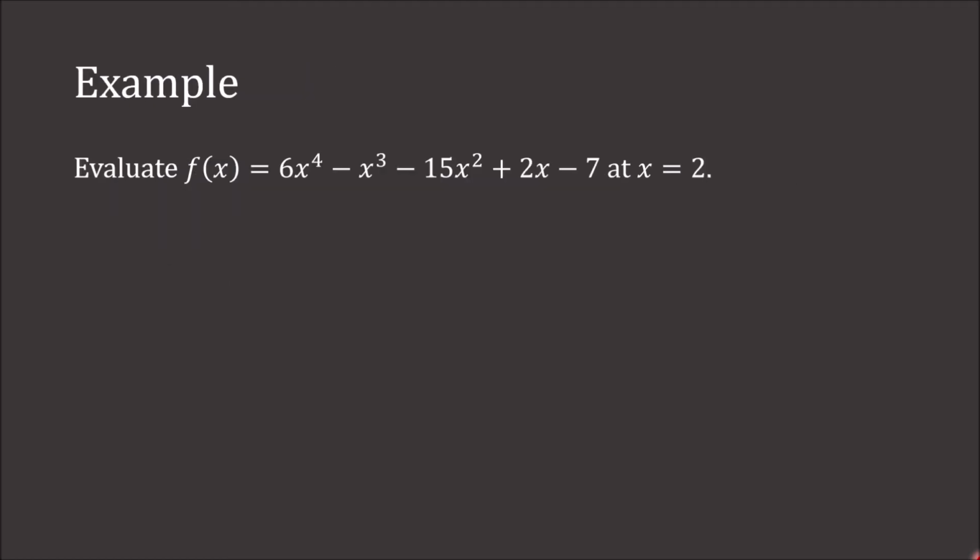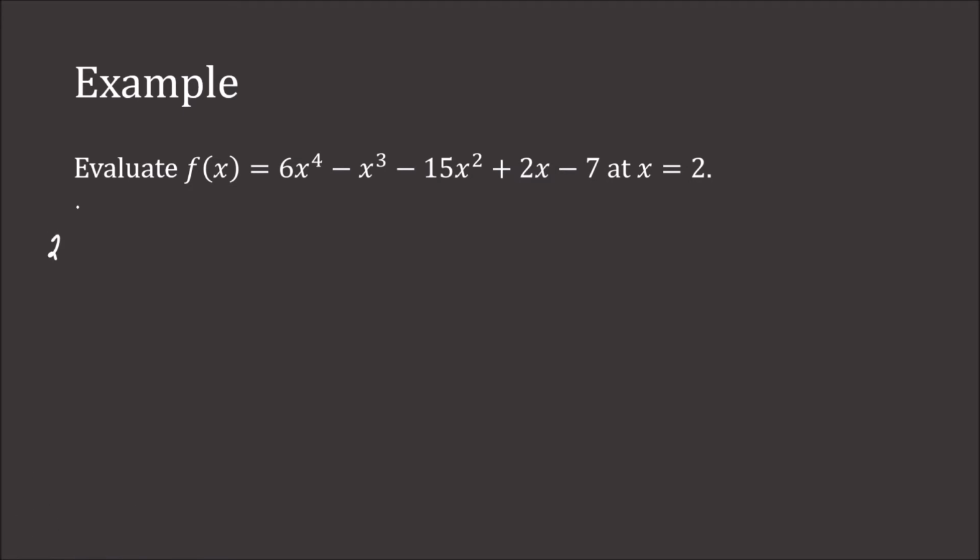We will evaluate f of x equals 6x to the 4th minus x cubed minus 15x squared plus 2x minus 7 at 2. So we're going to use the remainder theorem to do this. So we're going to divide this polynomial here by x minus 2. And we're going to do that using synthetic division.